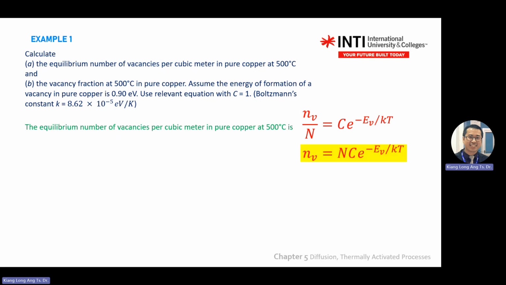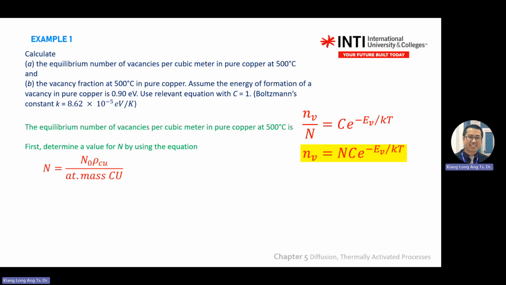You need to find the N here. So you move your N to the right, just to write it as a linear equation. Then you substitute the N. Most students miss out this part. They don't know how to calculate the N. The N is basically asking you to find how many atoms there are in 1 cubic meter.